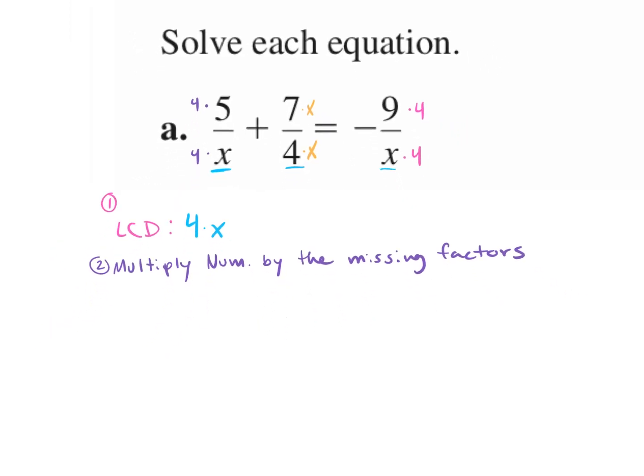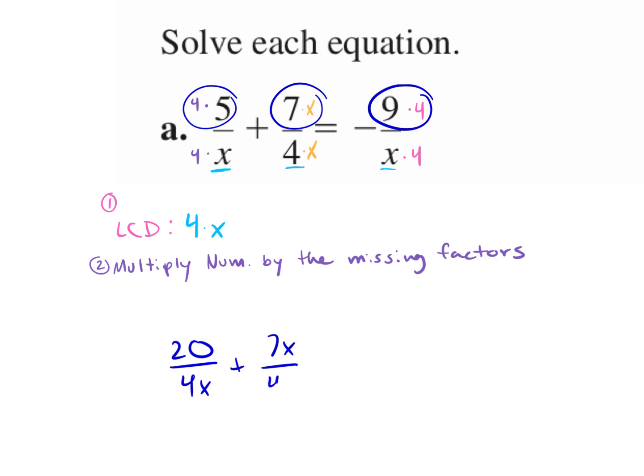So if I were to rewrite this, I'm going to multiply each pair together. So I have 20 over 4x plus 7x over 4x is equal to negative 36 over 4x.